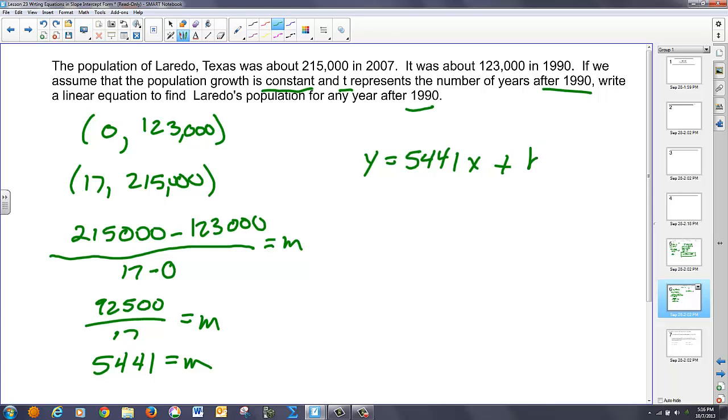Now this is an interesting problem because we know we have a point where the x value is 0 and we have a y value. This is really our y-intercept. So I don't even have to go and calculate it. I can just say my equation of the line is y equals 5,441x plus 123,000.